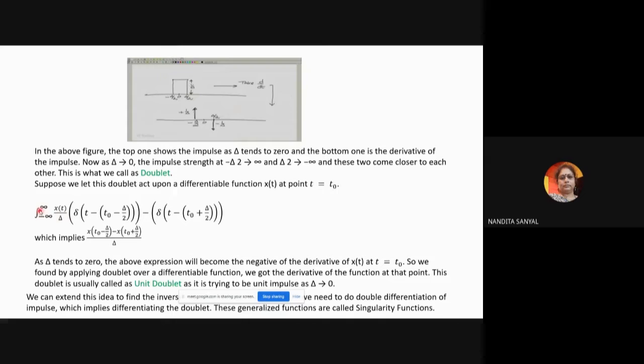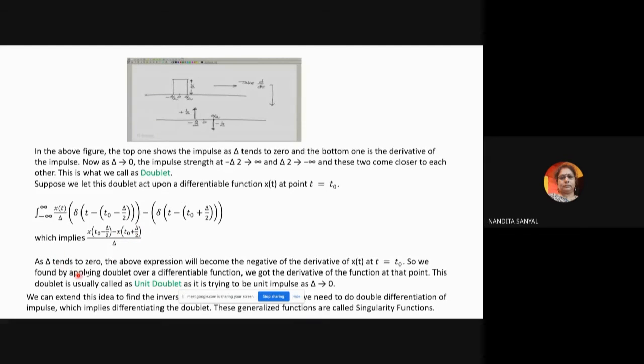That means the integral from minus infinity to plus infinity of x(t) times the doublet. Now this can be expressed as delta (t minus t0 plus delta by 2) minus delta (t minus t0 minus delta by 2), divided by delta, and this actually represents the function x(t0 minus delta by 2) minus x(t0 plus delta by 2) by delta.